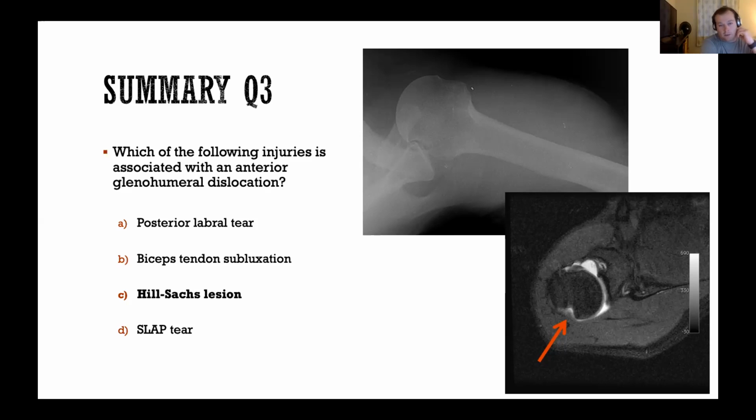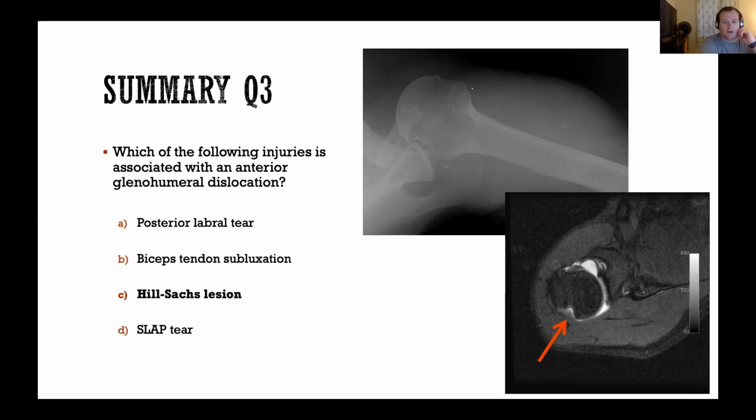Additionally, you'll see posterior labral tears associated with posterior humeral dislocations, which are more rare than an anterior dislocation. Again, that can be with patients that are lifting weights, football linemen who are subluxed posteriorly, or patients who have seizures or electrocution. Those are generally the typical patients you'll see with a posterior dislocation.